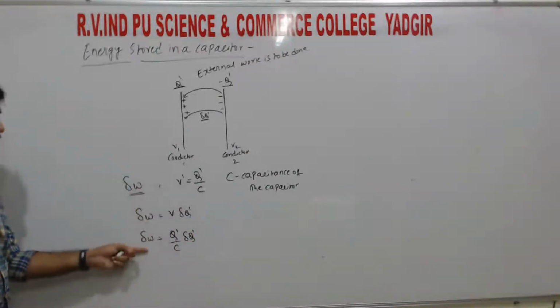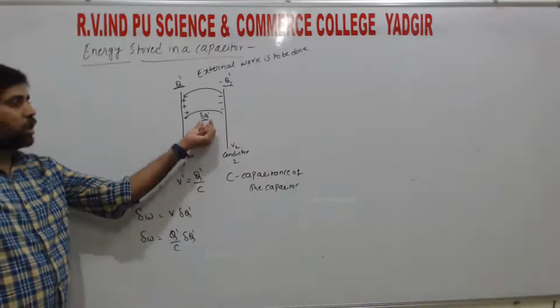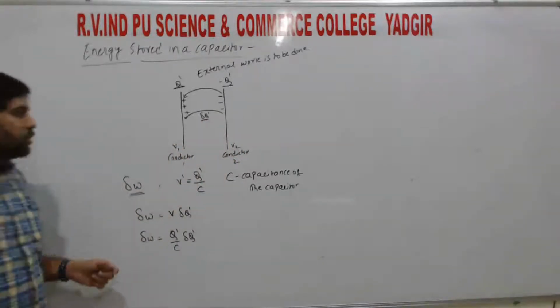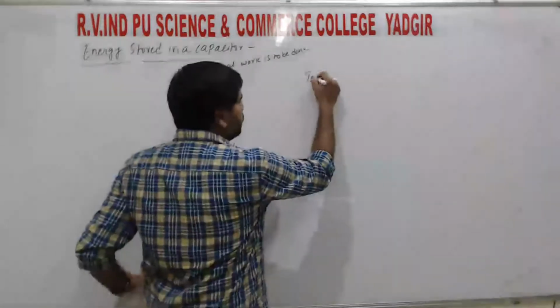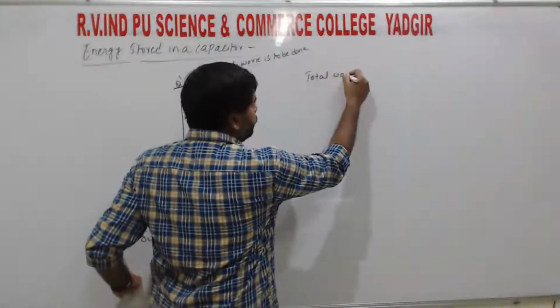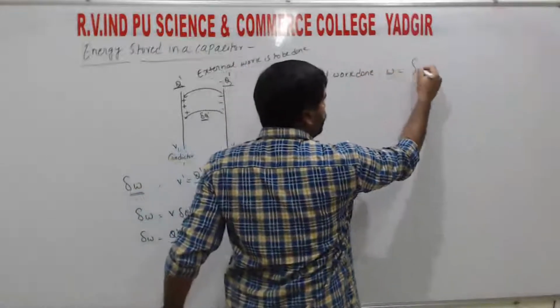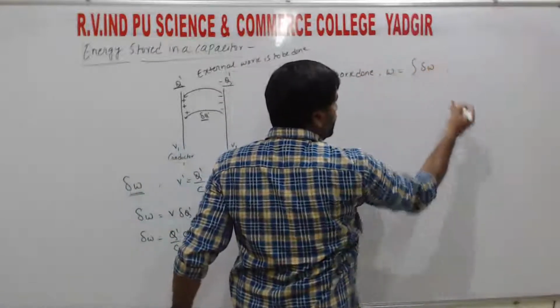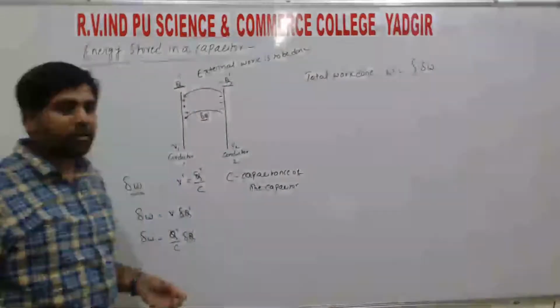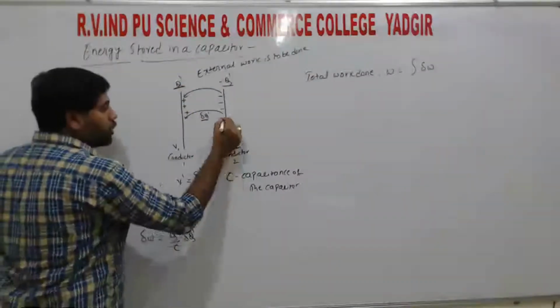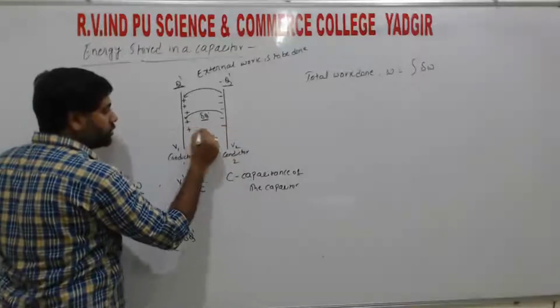This is the work done in bringing a small charge from the second conductor to the first conductor, right? So for total work done, W is equal to the integration of delta W. If we integrate the small work done, we get the total work done in bringing the charge, right?